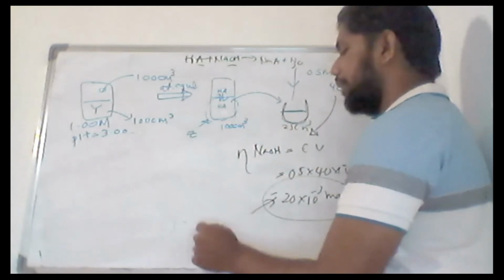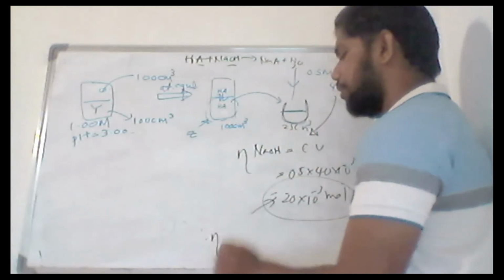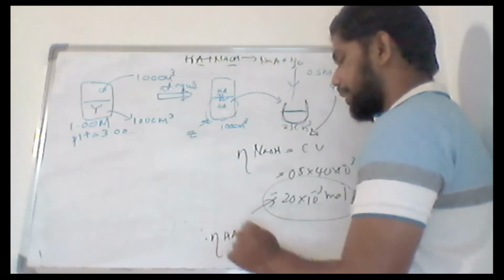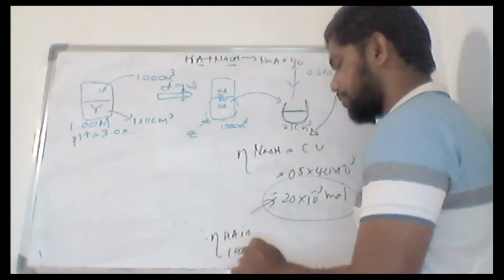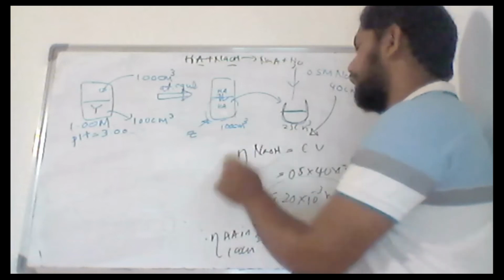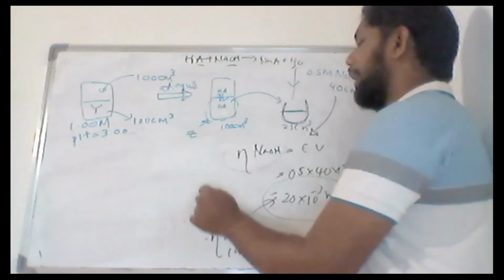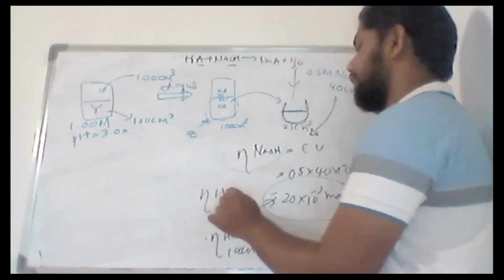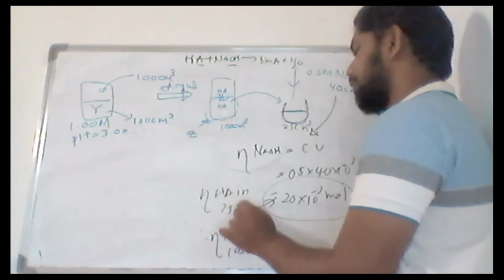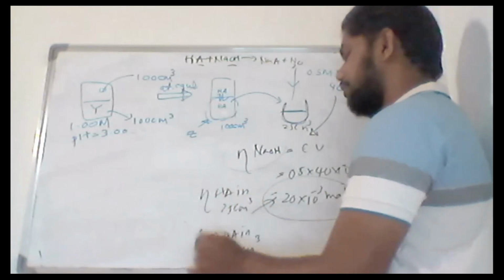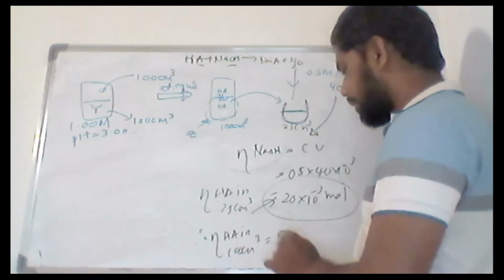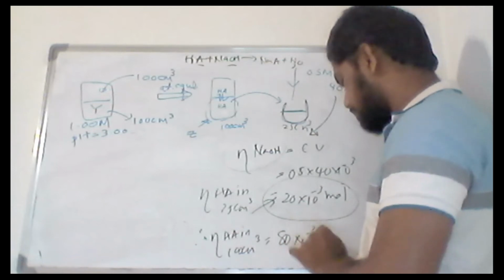So you can write down the number of moles of HA in 100 cubic centimeter. First, you can write down NaOH is CV, and this is equal to NHA in 25 cubic centimeter. And therefore, NHA in 100 will be 80 into 10 to the power minus 3 moles.